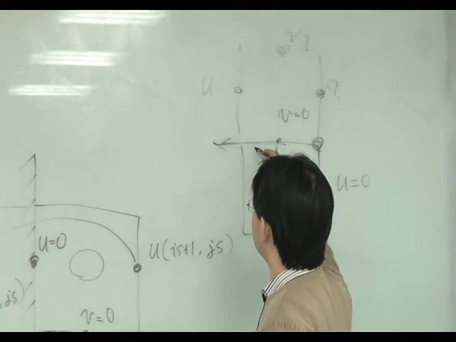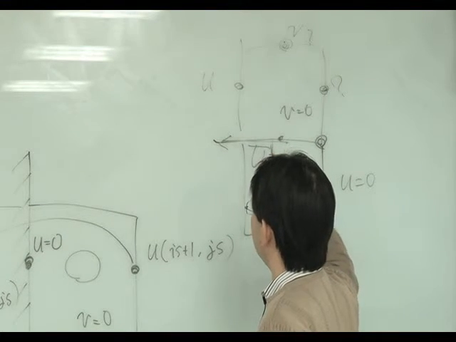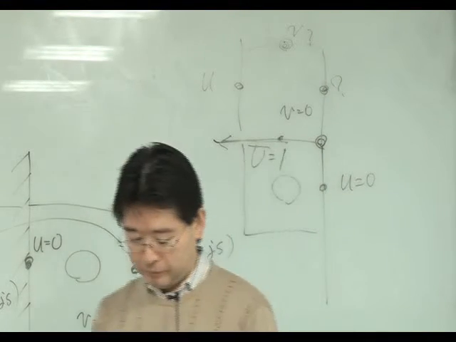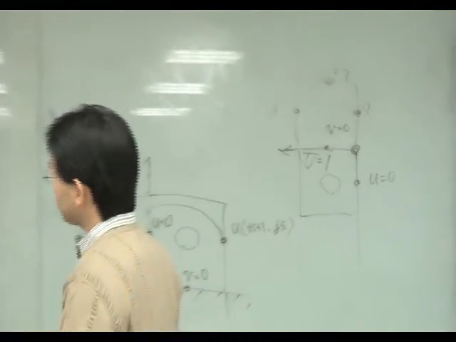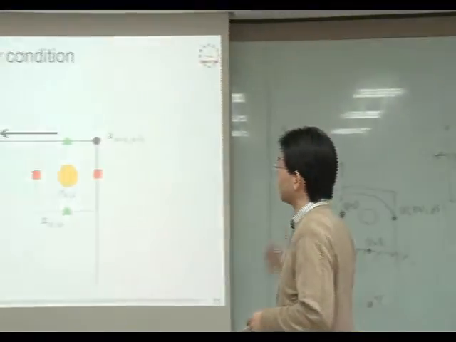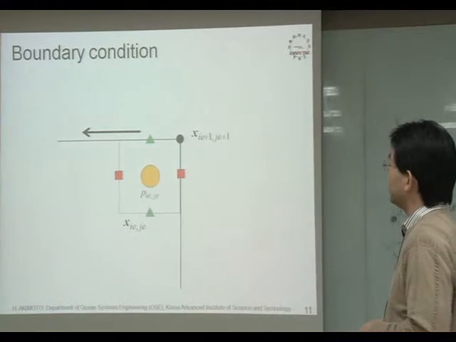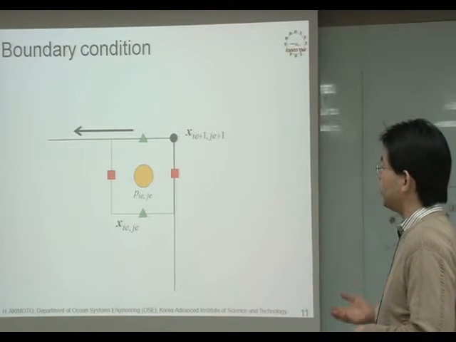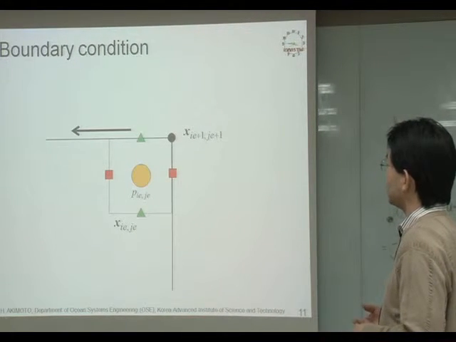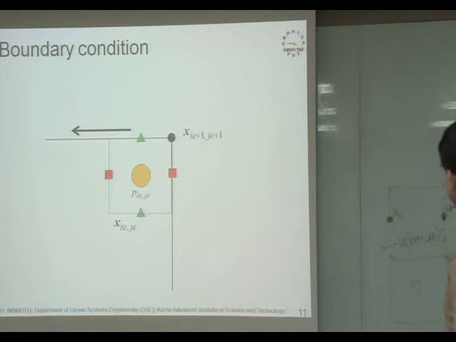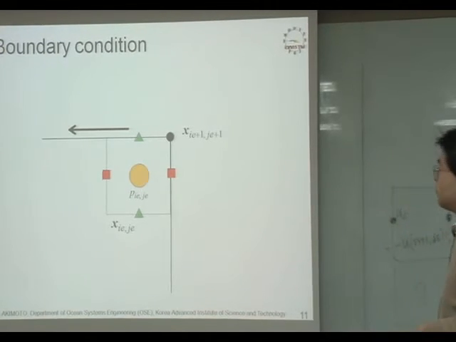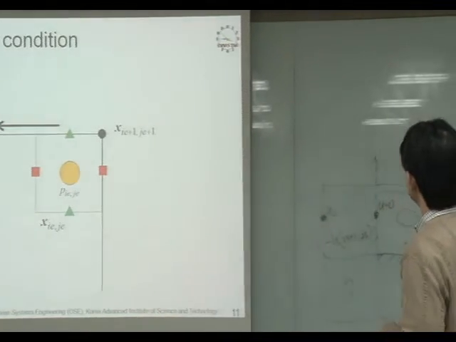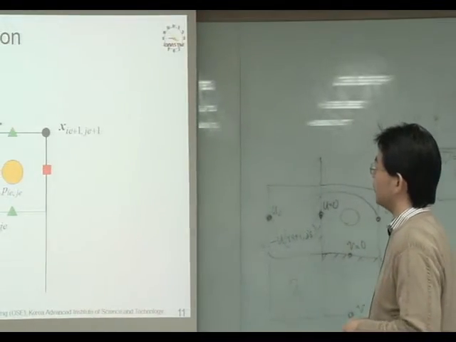Please consider this moving velocity is equal to unity. It is unity because if we consider non-dimensional calculation, the reference velocity will be the speed of wind. So in the natural non-dimensional treatment, this velocity will be unity.